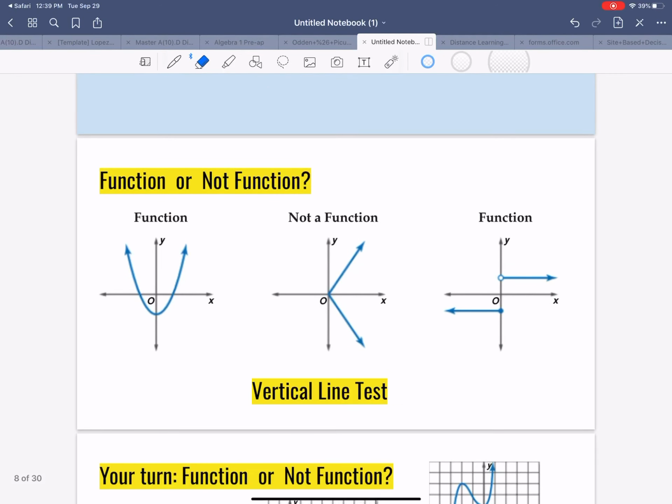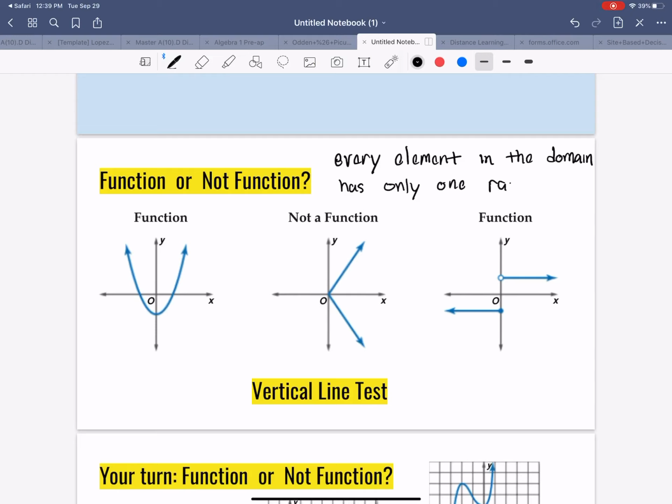Now, looking at what is a function. Basically, if you were to define it algebraically, it's going to say every element in the domain has only one range value.